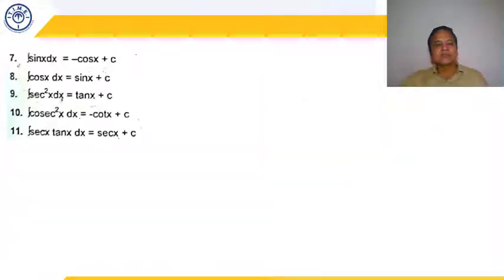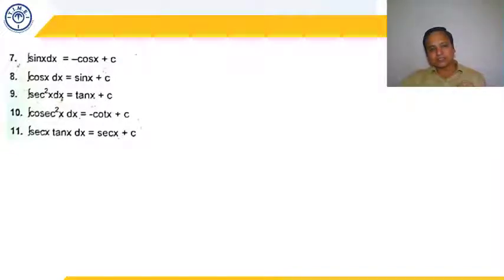Some more formulas. Integral of sin x is minus cos x. Integral of cos x with respect to dx is sin x. Integral of sec square x dx is tan x plus c.